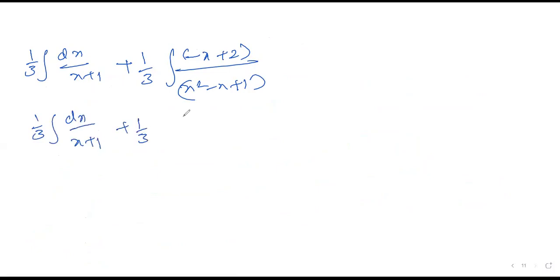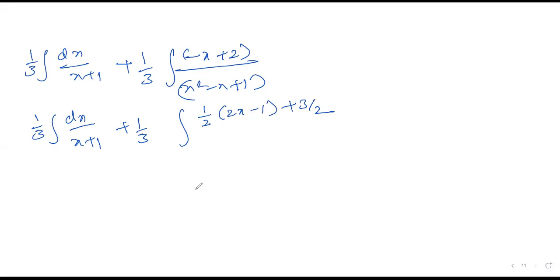1 by 3. For their convenience, they are taking 1 by 2 out. What they are writing is that they have taken the 3 on top only. x plus 2 they are writing like this, 2x minus 1 plus 3 by 2.